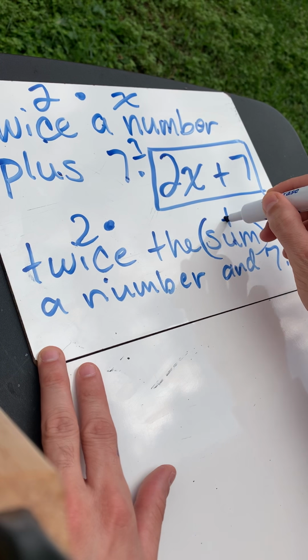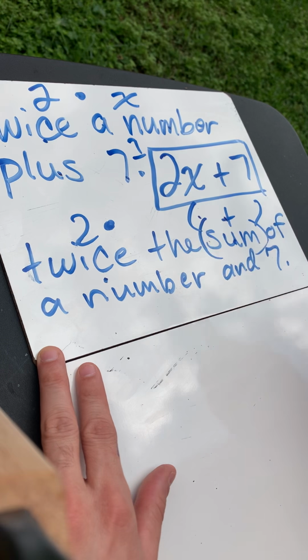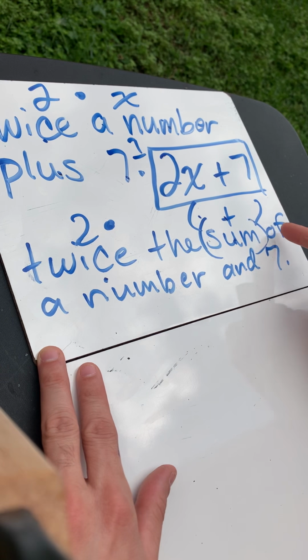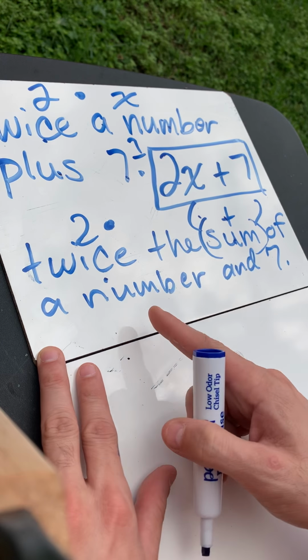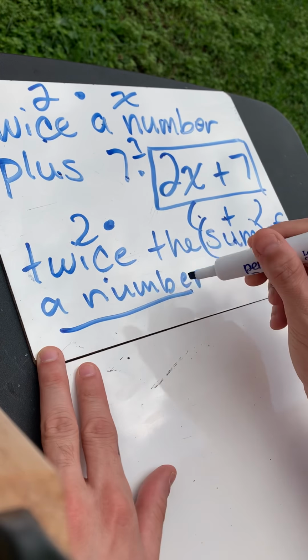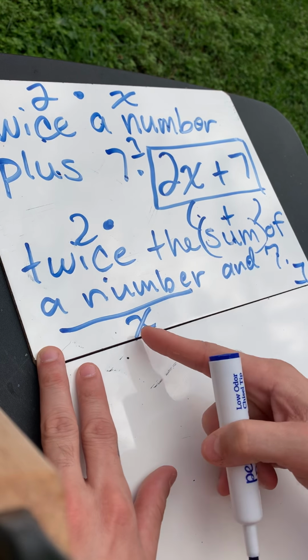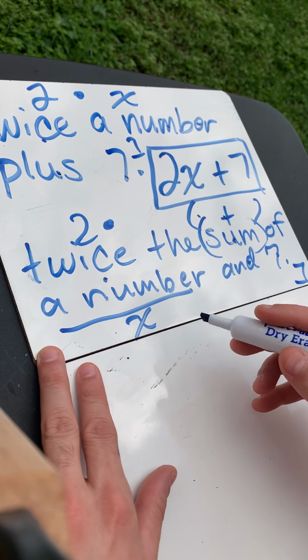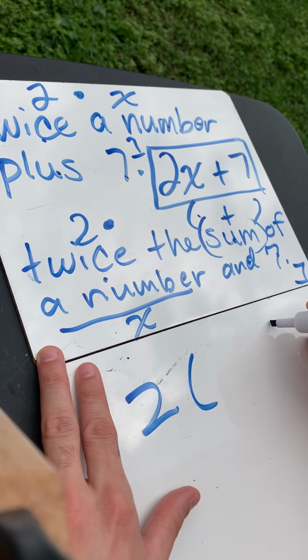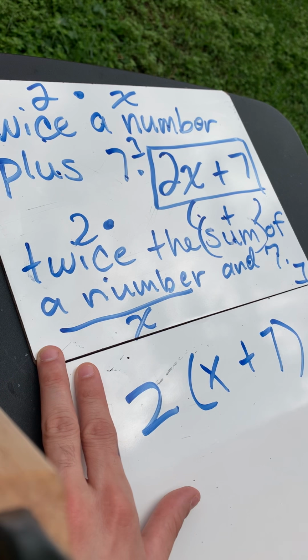Sum means plus, but there's a parentheses here. Now what goes in the parentheses is what you read after the word sum. So sum of a number, which is x, and 7, there's the order of how it goes inside the parentheses. So it would be 2 times the sum of x and 7.